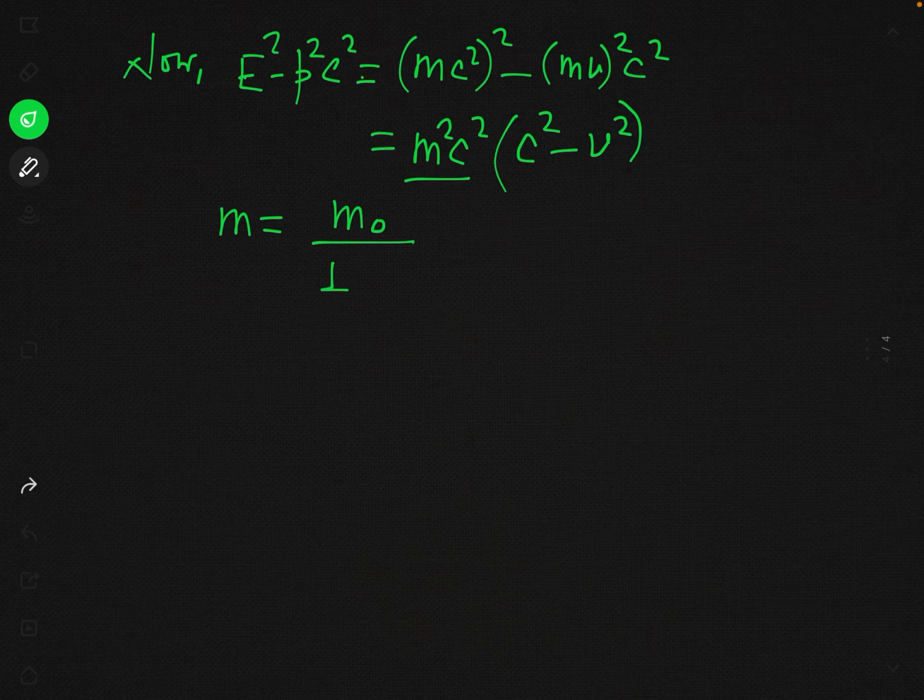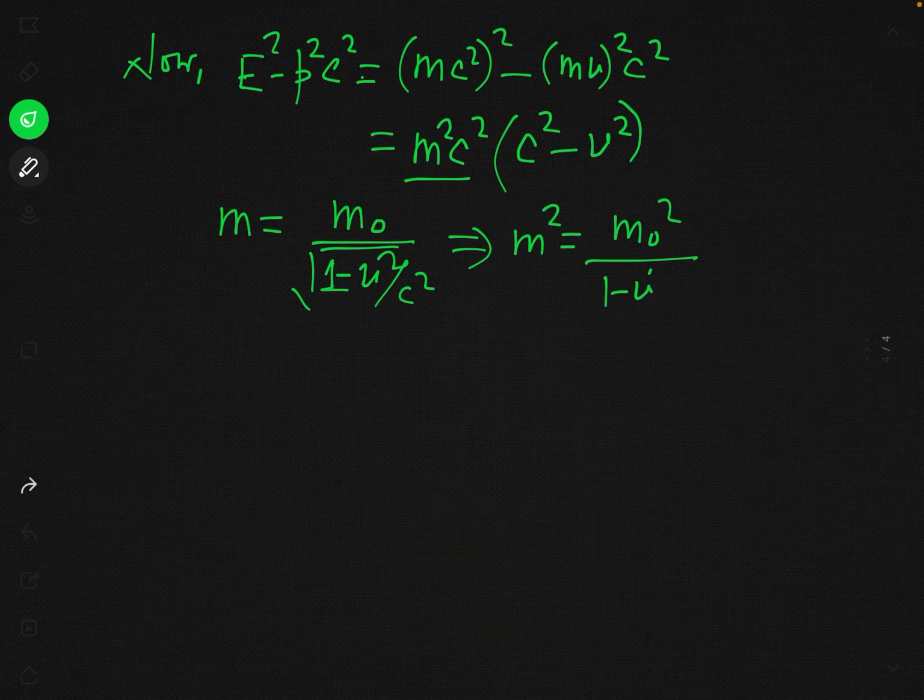Now you know that this m is effective mass, and this effective mass is equal to m naught divided by the square root of 1 minus V square by C square. So if you take m square, that will be simply m naught square divided by 1 minus V square by C square, and if you take LCM, this will be m naught square C square over C square minus V square.